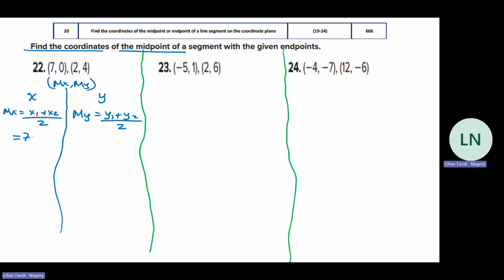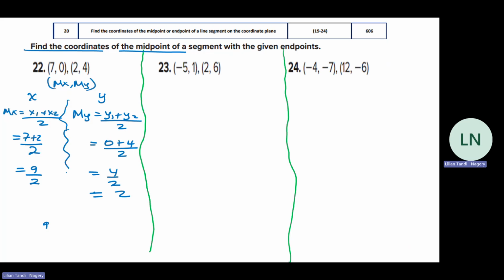7 plus 2 divided by 2. 0 plus 4 divided by 2. 9 divided by 2, 4 divided by 2, this equals 2. So my answer is 9 over 2.